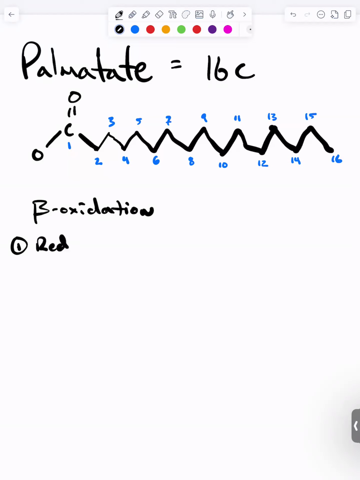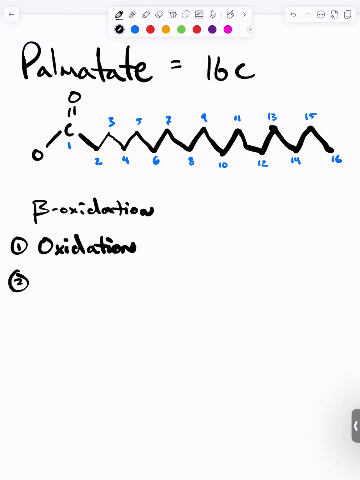It is a reduction. Okay. Was that right? No, I said it wrong. Because it's actually an oxidation, right? So we oxidize these to get energy. So it's an oxidation reaction.